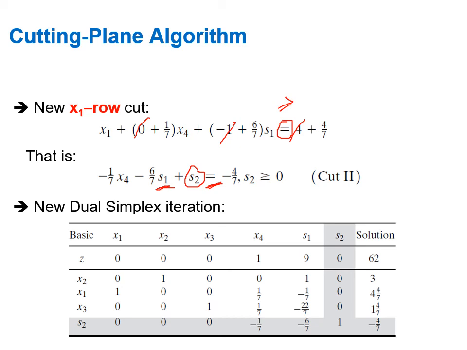And also, when we add this to our optimal tableau, you see originally in this problem we had only 2 constraints. In the previous step we included one more constraint, and in this step we are including a new constraint. So at each step the number of constraints increases, and the tableau expands by adding one row for a cut and one slack variable.